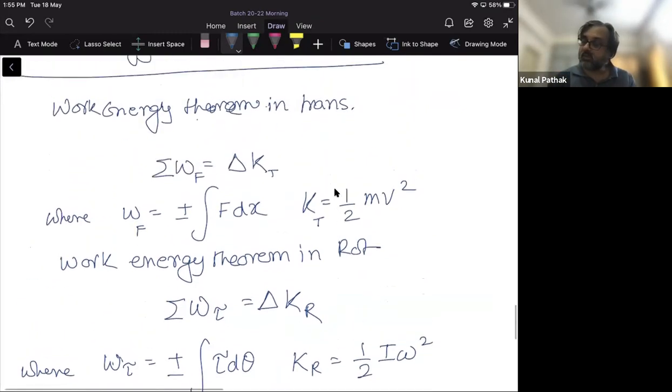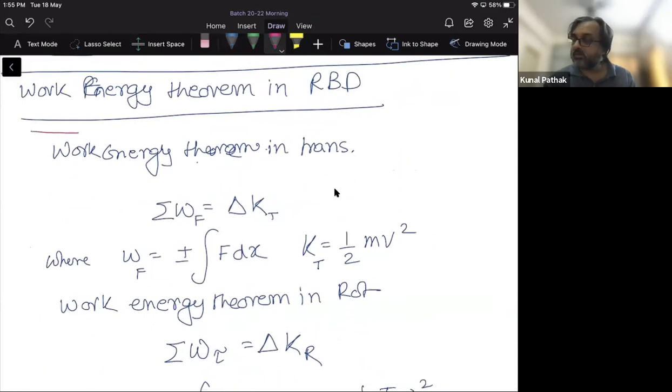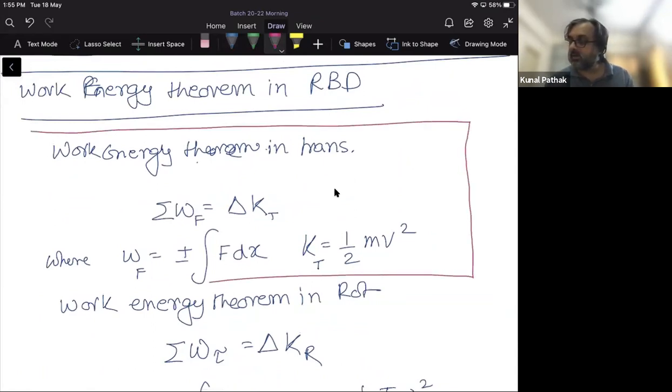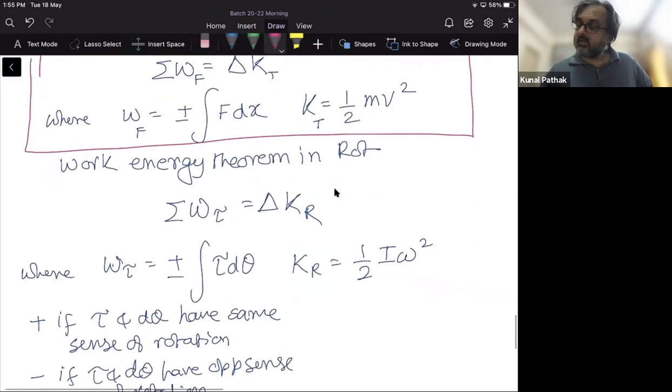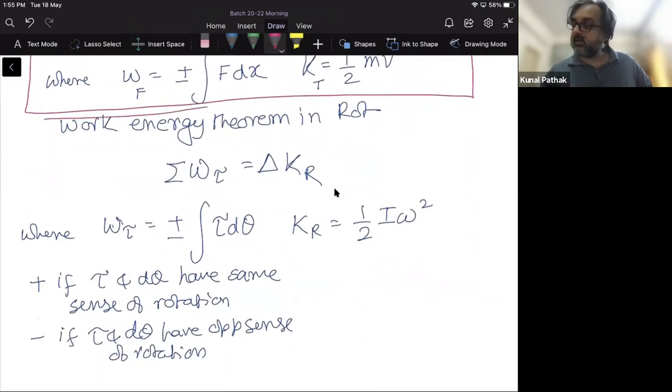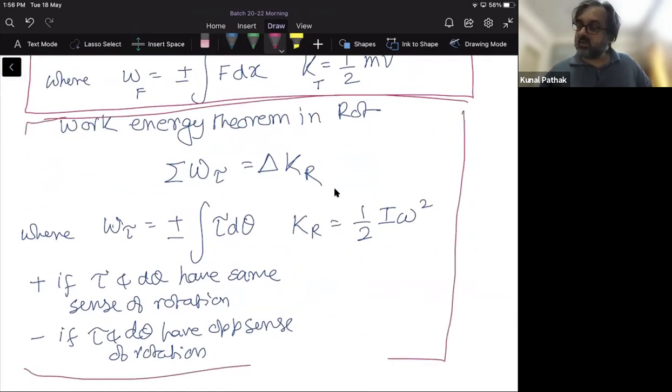So this is applicable, let me just write this here. This guy is applicable for a body in translation. And this thing that I have written here, this is the new thing, right?